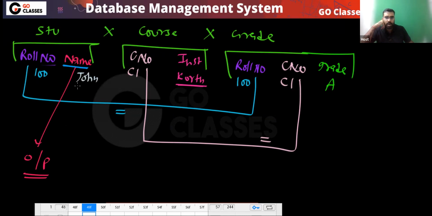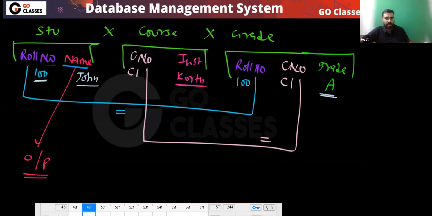This name, this zone, will come in the output if this zone has gotten grade A in some course by course. Yes or no? We don't care about all the courses by course. Agree? We only care about one.